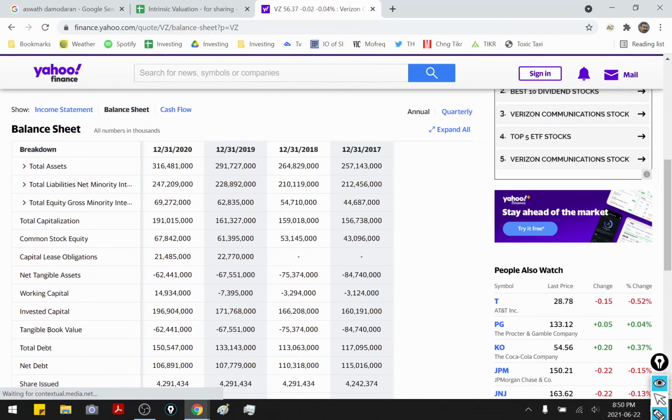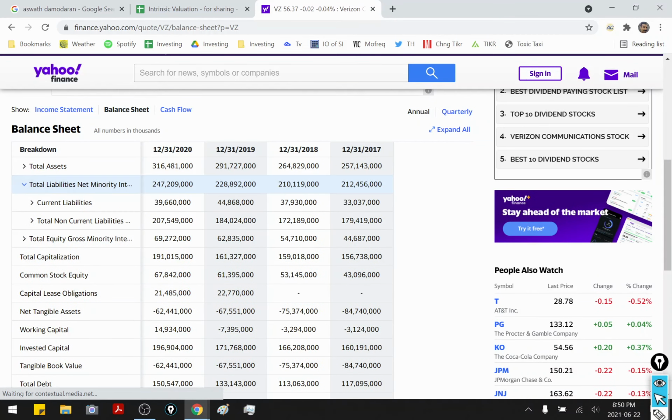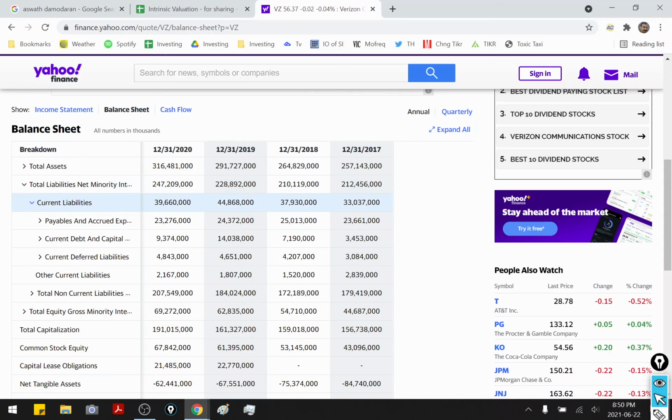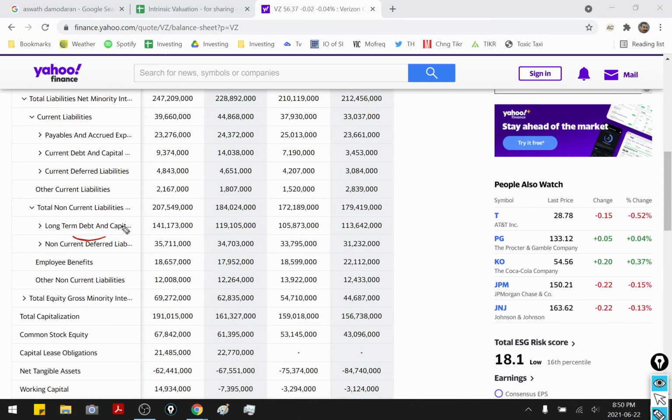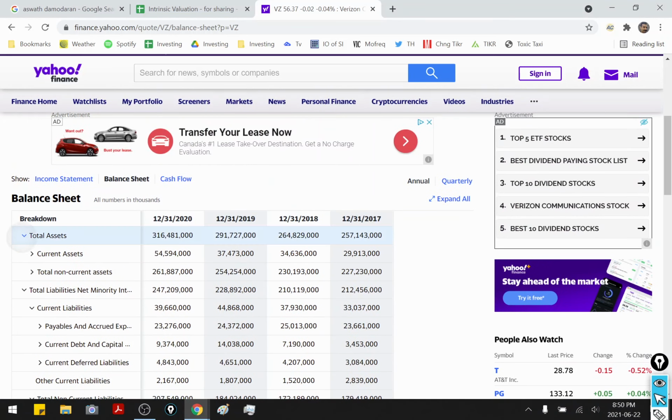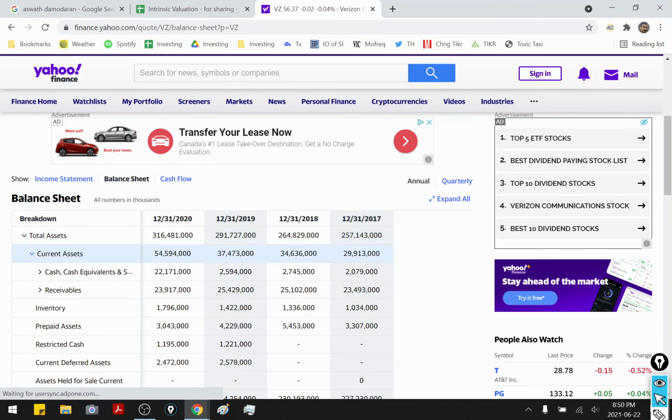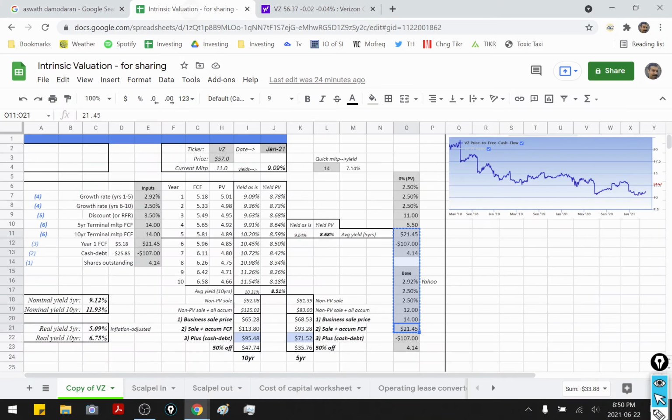Within total liabilities, you can find their current liabilities, so current debt. You want to find their total non-current liabilities. This is their long-term debt. You want to add all that. And you want to find how much cash they have. This is the line. So you want to do something like cash minus all debt, and you plug that number in here. Now, your year one free cash flow.